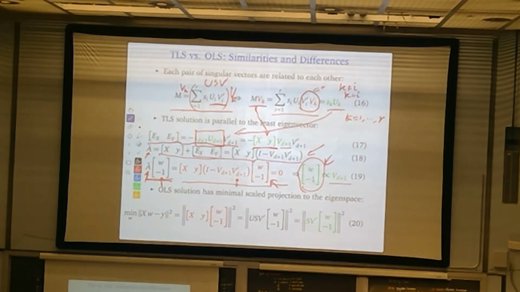On the other hand, for ordinary least squares, we are looking for this least square error. And if I write it in terms of, again, the joint 2D data matrix, I have this. If I perform SVD on this, I have this. And U is orthonormal. It doesn't change the length of this vector. So it becomes this.